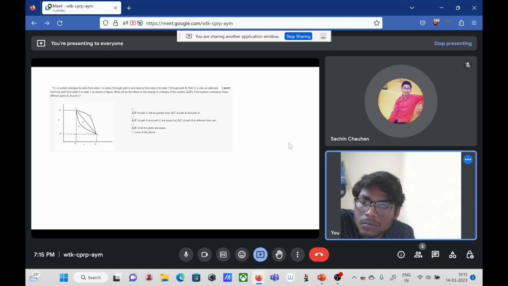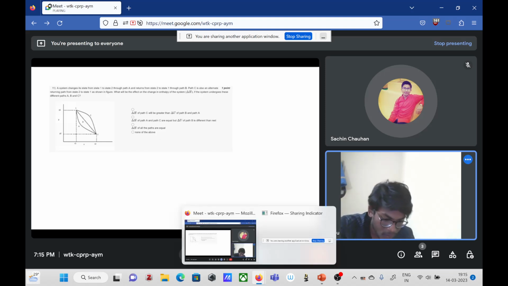Now, this is quite interesting to know that in that system, delta H, the enthalpy, actually doesn't depend on any path. It's actually path independent.